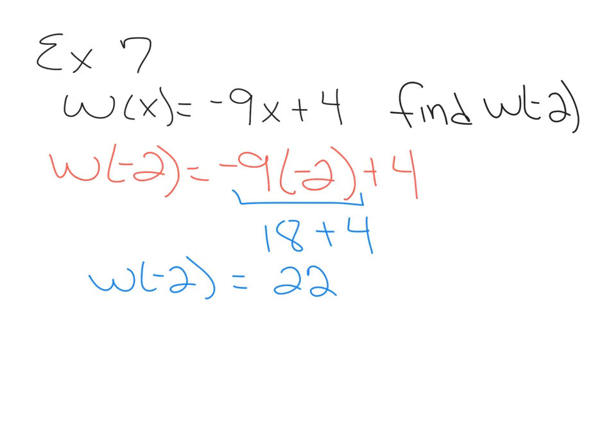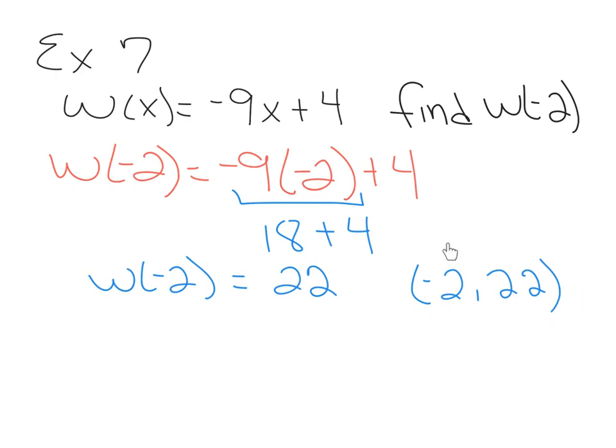This really is an ordered pair here, guys. So what this really means is that on the graph of this function, this is actually the function of a straight line, when x is negative 2, or when I replace x with negative 2, y comes out to be 22. And that would be an ordered pair or a point on the graph of this function.